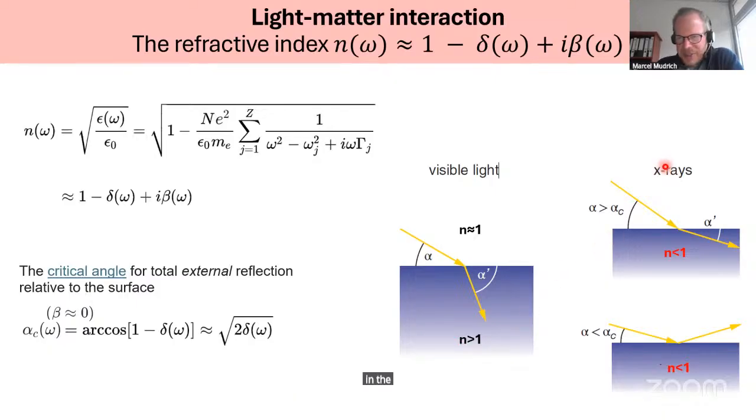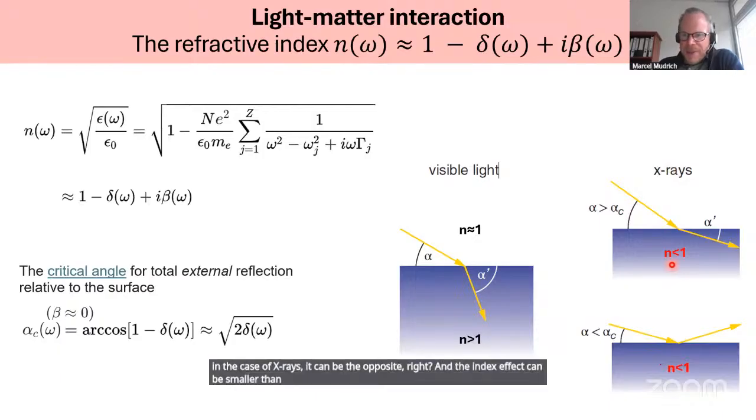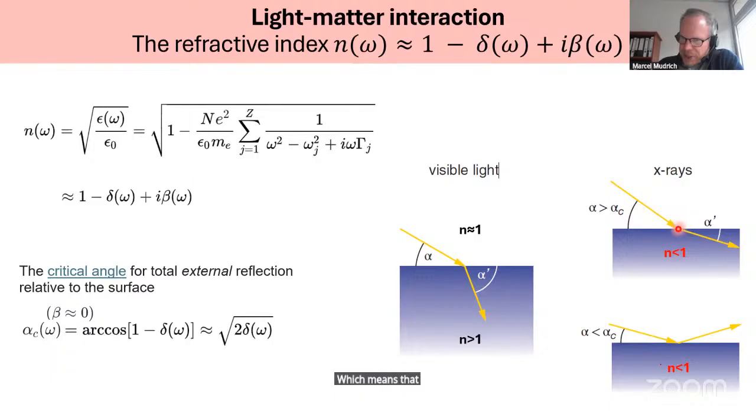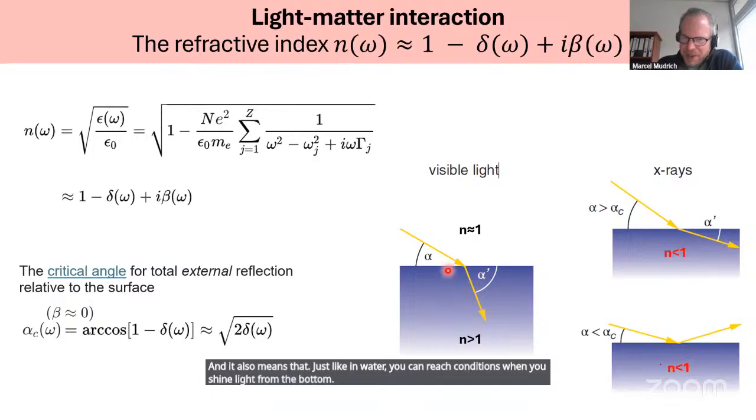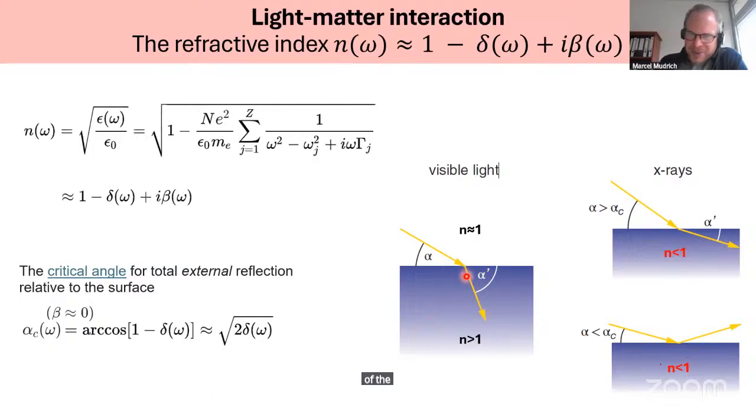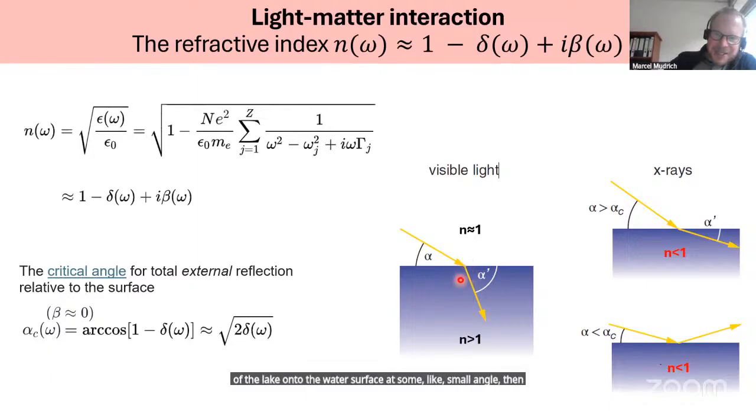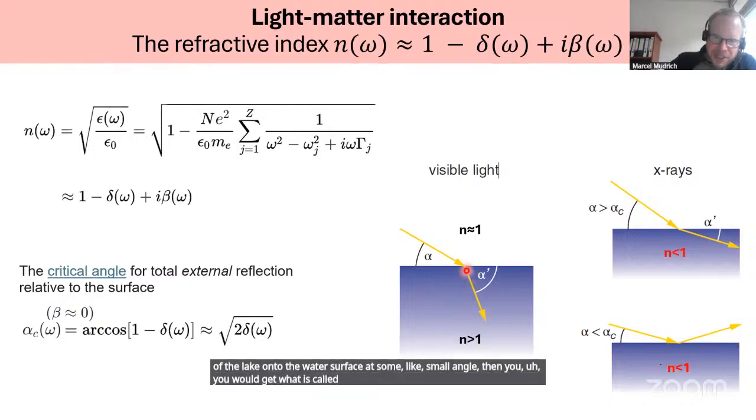In the case of X-rays, it can be the opposite, right? The index of refraction can be smaller than 1, which means that now refraction goes the opposite way. So it means that the refracted beam has a smaller angle to the surface. And just like in water, you can reach conditions when you shine light from the bottom of the lake onto the water surface at some small angle, then you would get what is called total internal reflection, right?